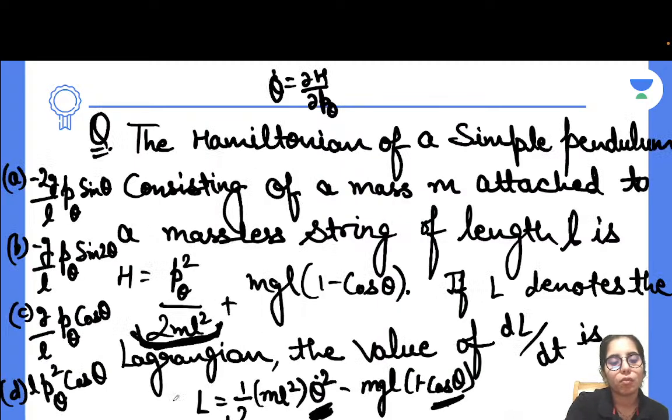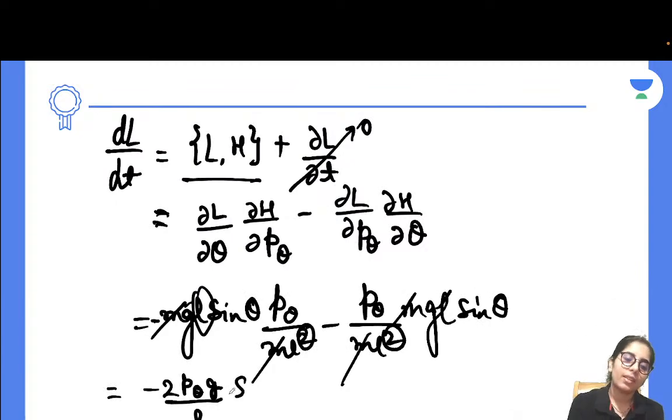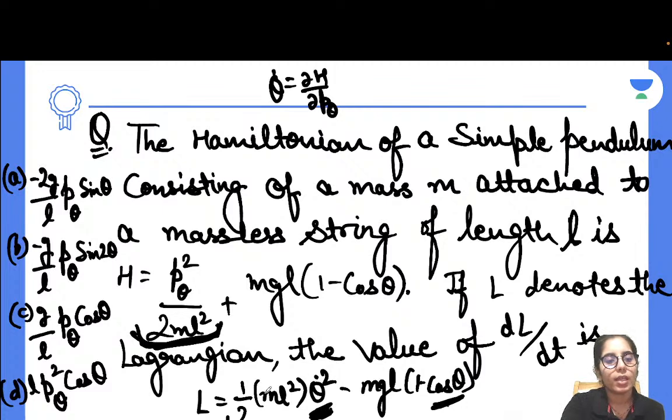So negative 2g over l p theta, and I missed the sin theta part, so let me write it here too: 2 p theta g over l sin theta, that's option A. Can you see that? So option A must be the correct option and that is the right answer itself. So the right answer is option A, not option C.